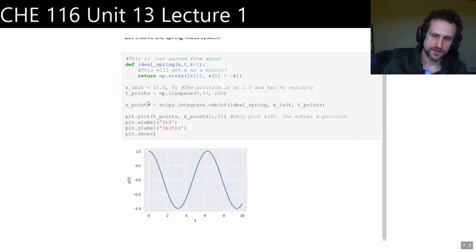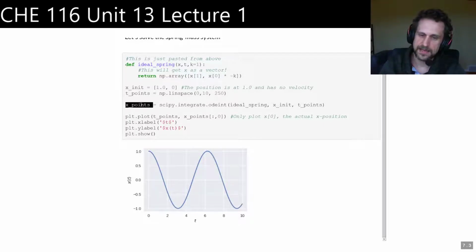Now this is kind of a tricky thing: what it gives back is a matrix with 2 columns. Column 0 is the value for the first dimension, and column 1 is the value for the second dimension. And then the rows are the time points, right?